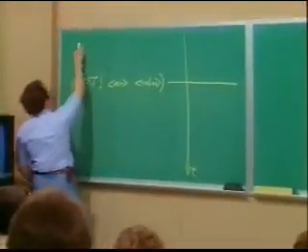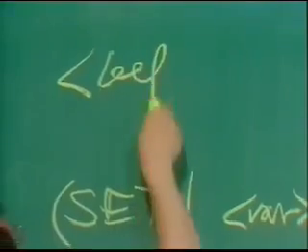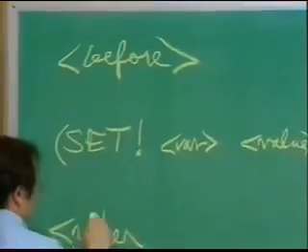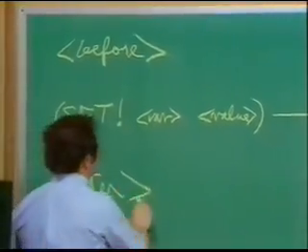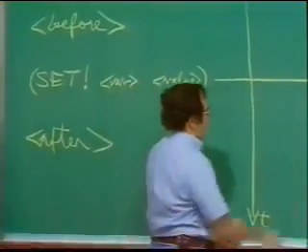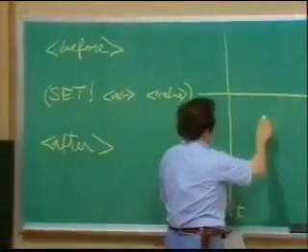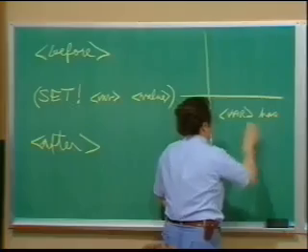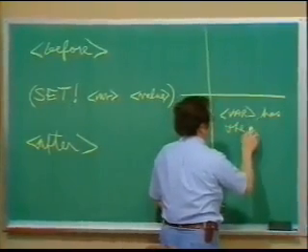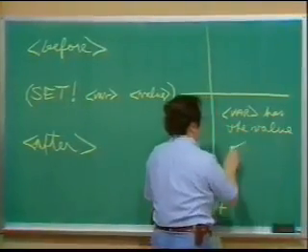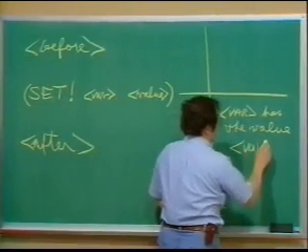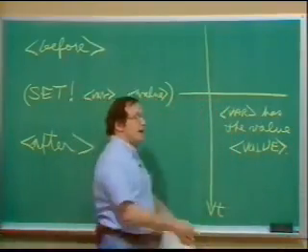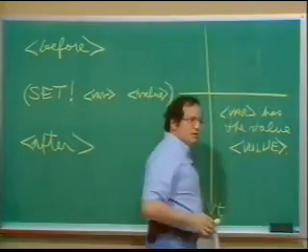So there is a moment before the set occurs, and after, such that after this moment in time, the variable has the value, independent of what value it had before.